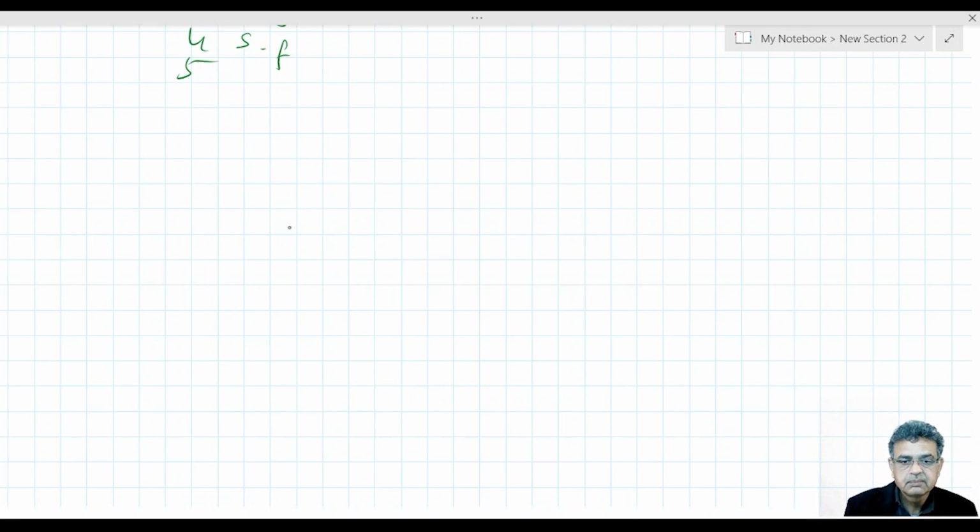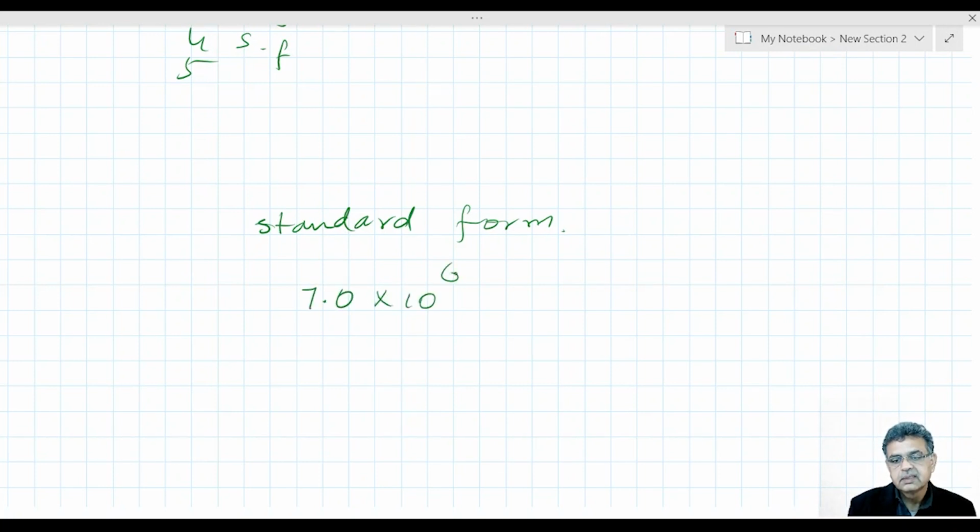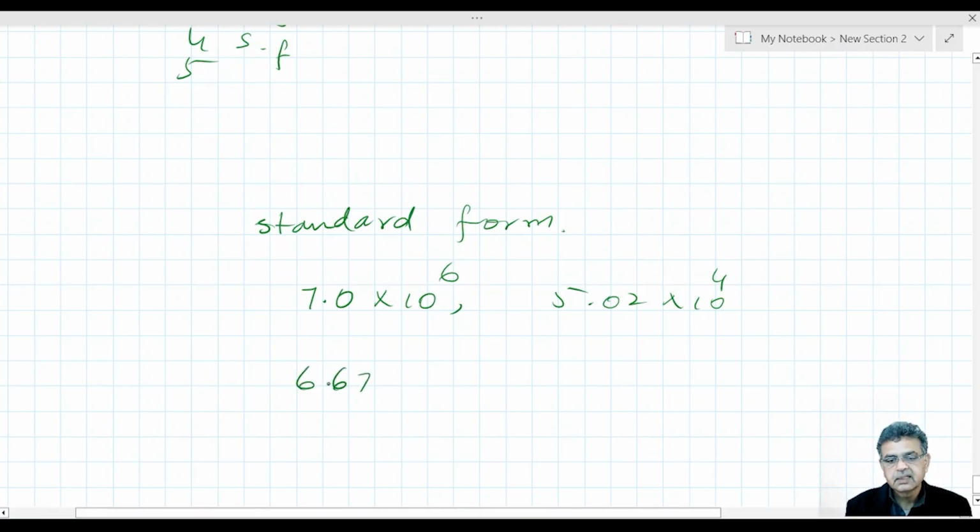Okay, now standard form. If a number is written in standard form, it is always written like 7.0 times 10 to the power 6, or 5.02 times 10 to the power 4, or 6.67 times 10 to the power minus 11, or 6.0 times 10 to the power 24.